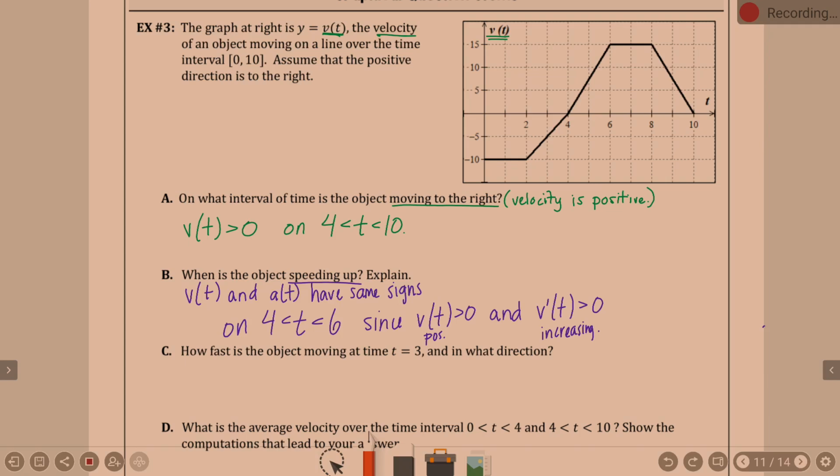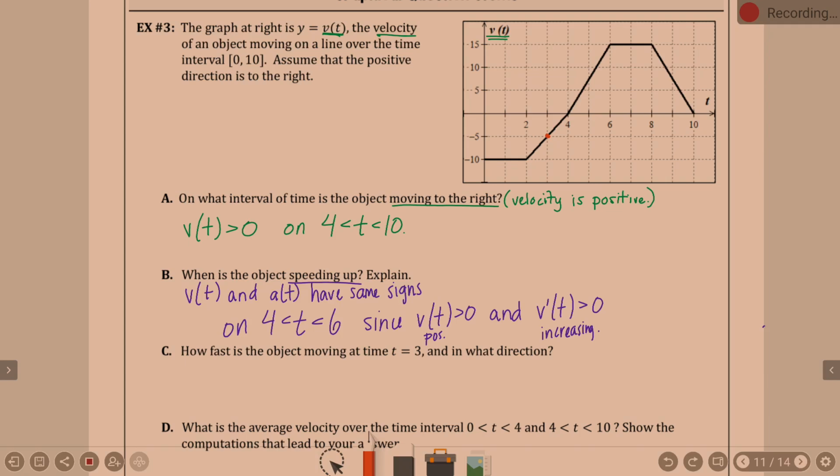Negative means it's moving left. And speed is the absolute value of the velocity. We're looking at that point right there.